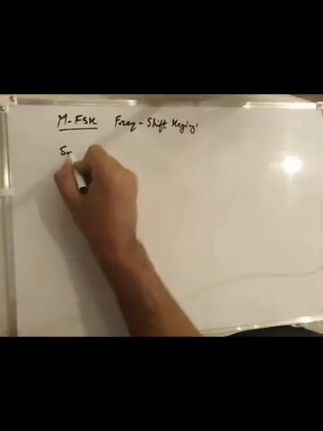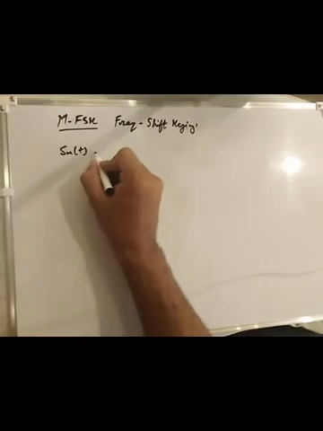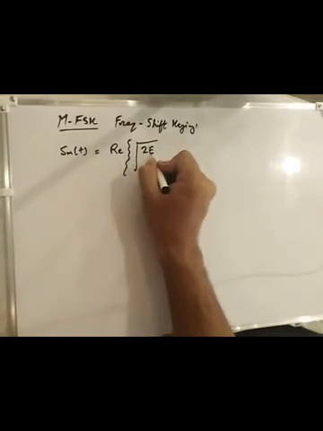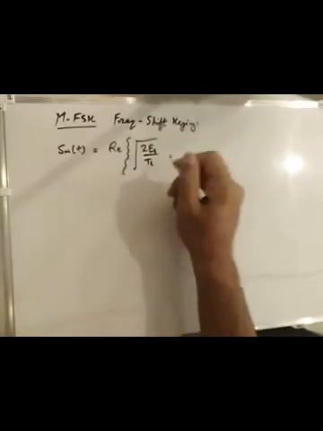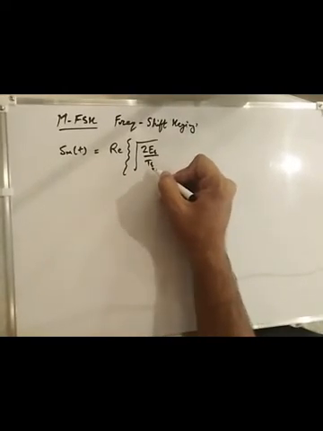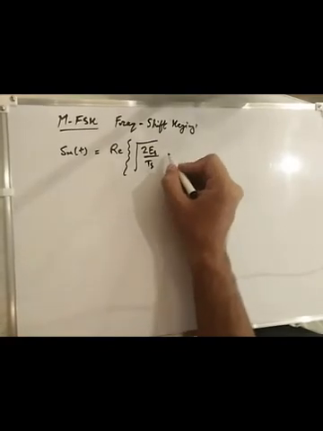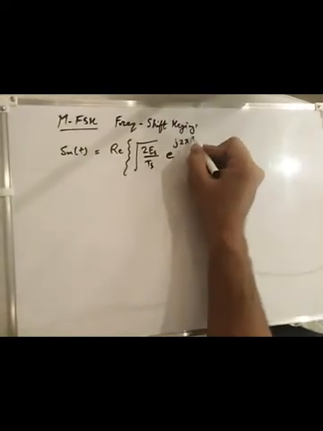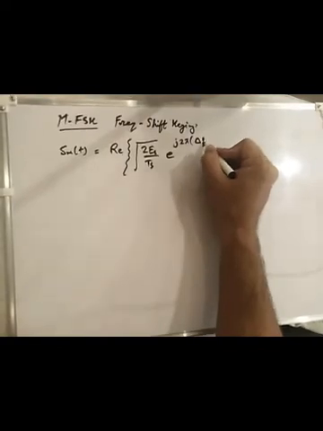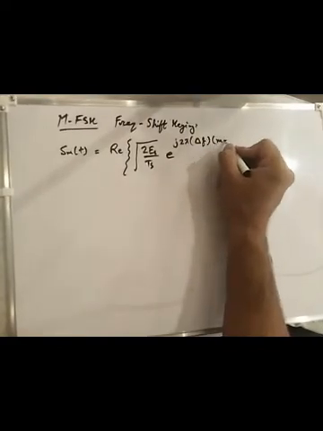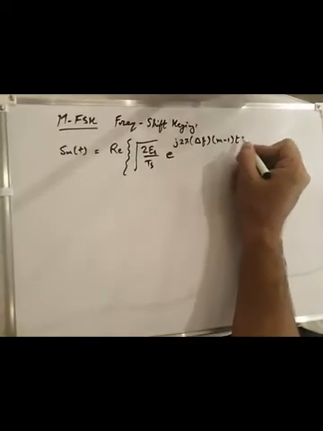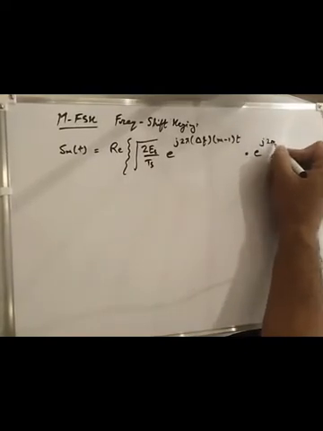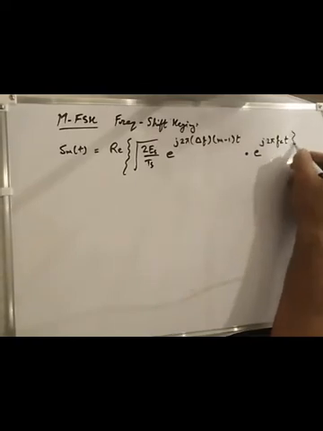Sm of t, the mth modulated signal, is the real part of square root of 2Es by Ts, which is the amplitude of the carrier represented in terms of energy and the symbol time, times e raised to power j 2 pi delta f (m minus 1) t, times e raised to power j 2 pi fc t.